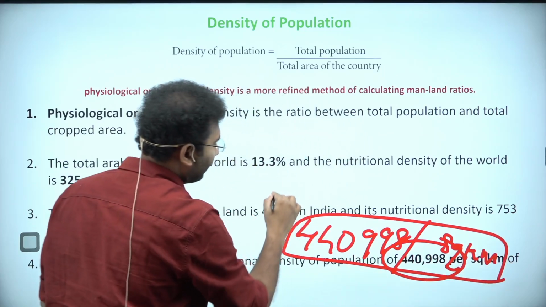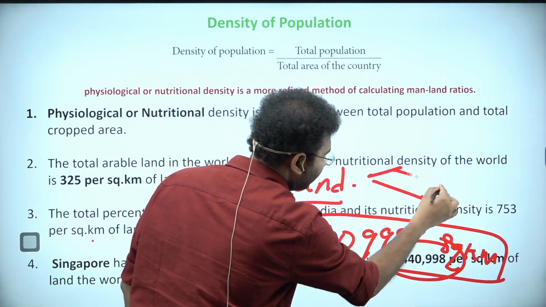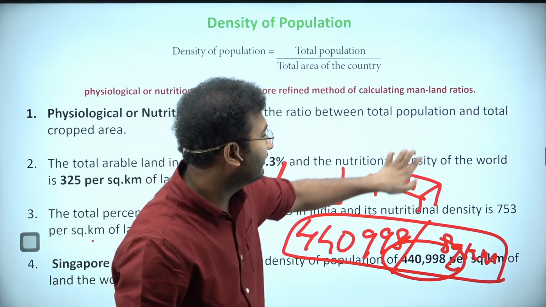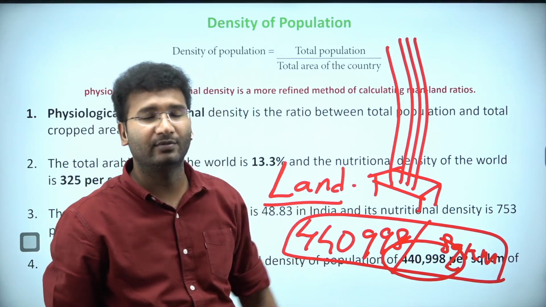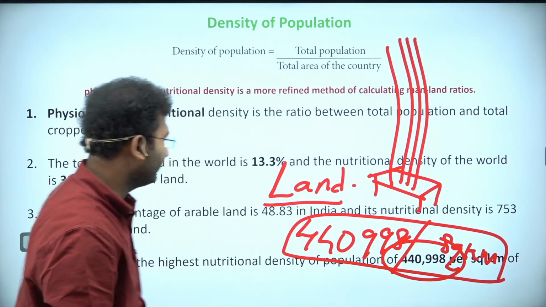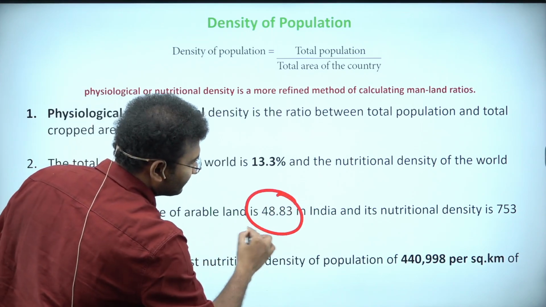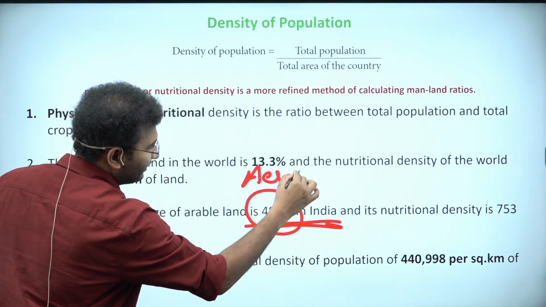The Singapore land, if you take, the land is very small, but how are they able to cultivate in a very small area a large quantity of nutrition per square kilometer? In India, we are gifted with 48.3% of India being arable. Arable means cultivable.